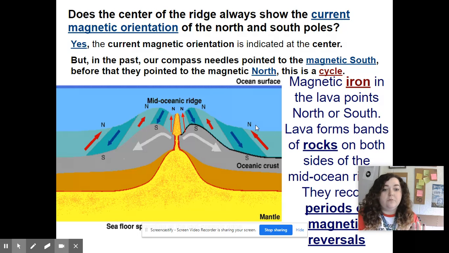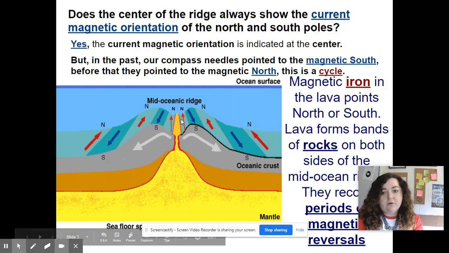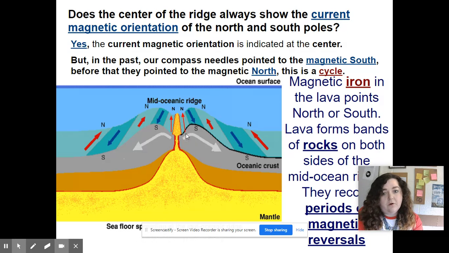So they show periods of magnetic reversals. So as you can see here in this picture, we've got the middle where the lava is coming up and forming new rock. So that's right here. It's recording whatever the orientation is. And then the rock band before that would have been the opposite orientation. And so on and so on. As you can see, on each side of the ridge, again, you see the mirroring effect.